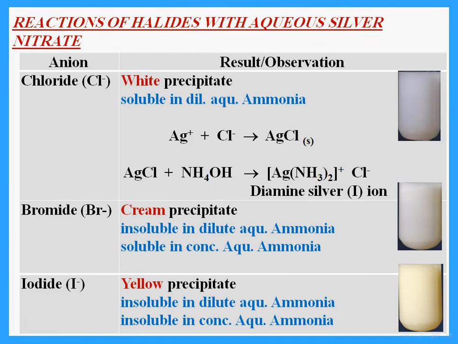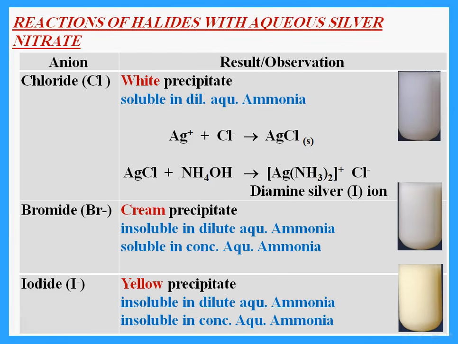So what we do is, the first thing we do is we should try to dissolve the precipitate that we get in dilute aqueous ammonia. If it dissolves in dilute aqueous ammonia, it is chloride, because you know that the silver nitrate with any chloride forms silver chloride, which is the white precipitate.